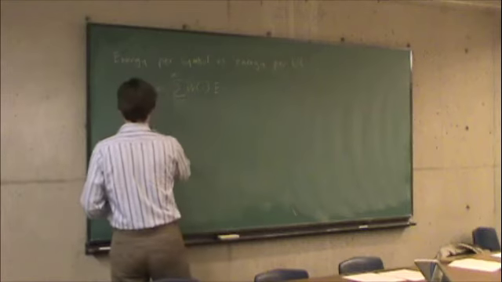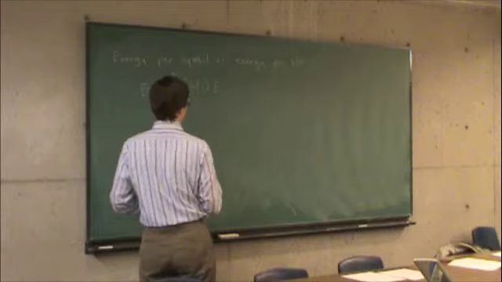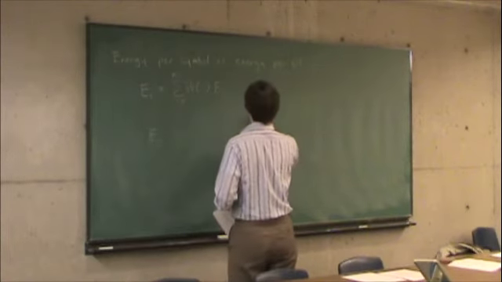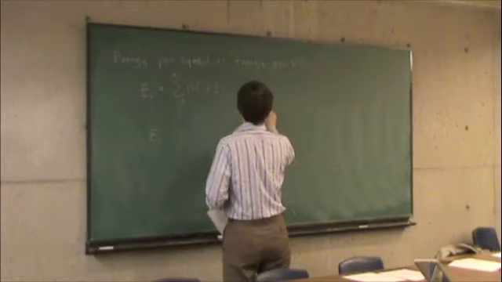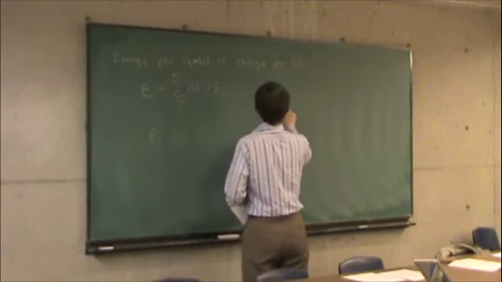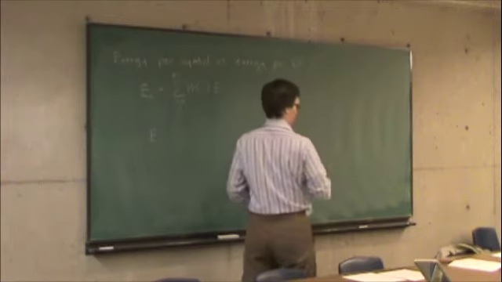What is the energy in the I-th symbol? Well, my modulation vector now is S_I, which is alpha I times the basis vector.